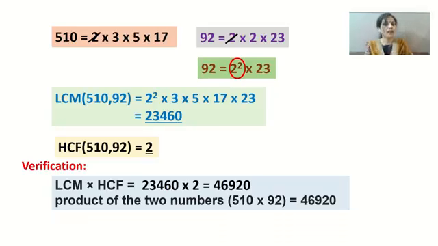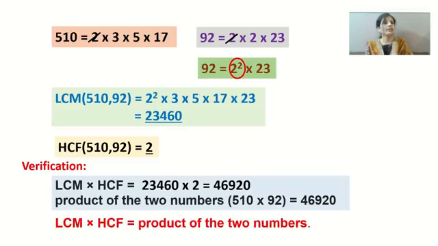And if you multiply 510 and 92, that will also give you the product as 46920. So we have verified that LCM into HCF is always equal to the product of the two numbers. And this is an important relation, and you have to keep this in mind.